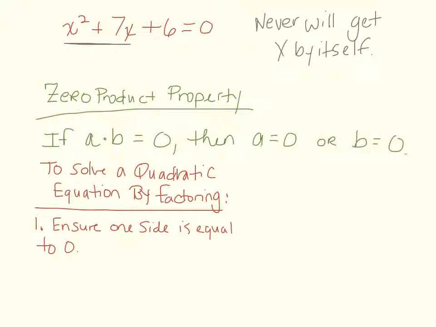So in our case, that's already been done for us. I already have x squared plus 7x plus 6 equals 0. Now, since I have something equals 0, I'm going to factor this non-zero side and see if I can apply the zero product property. Okay? So the second thing I'm going to do is factor the non-zero side.